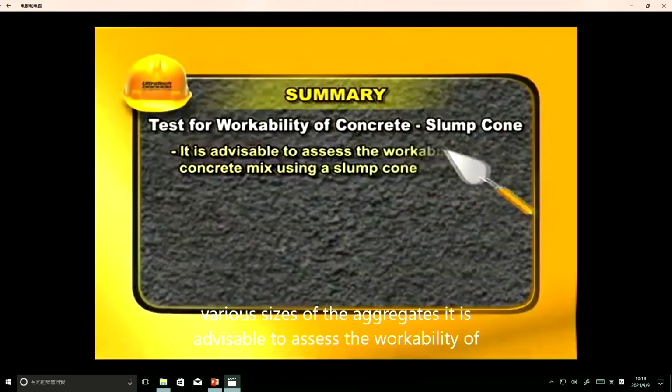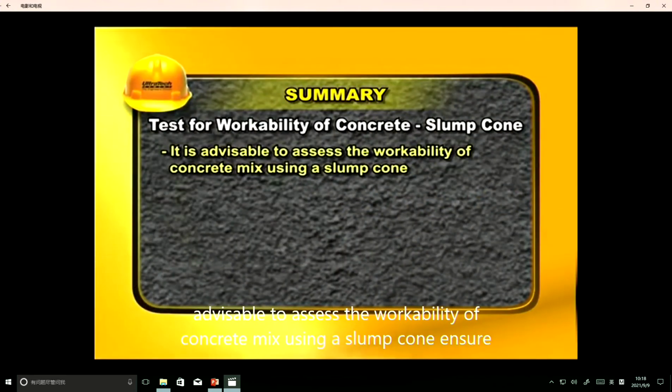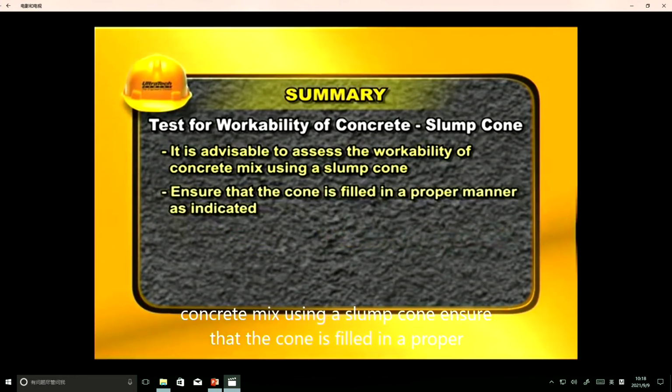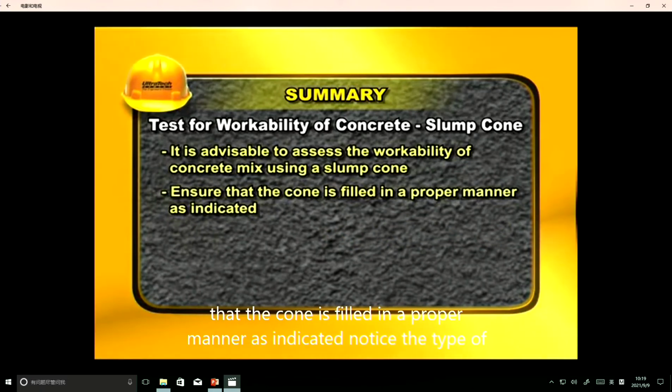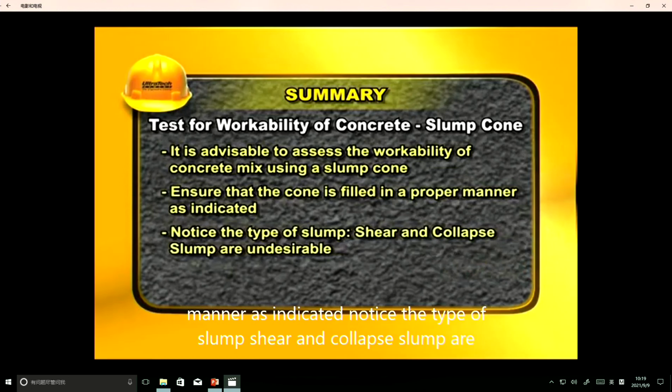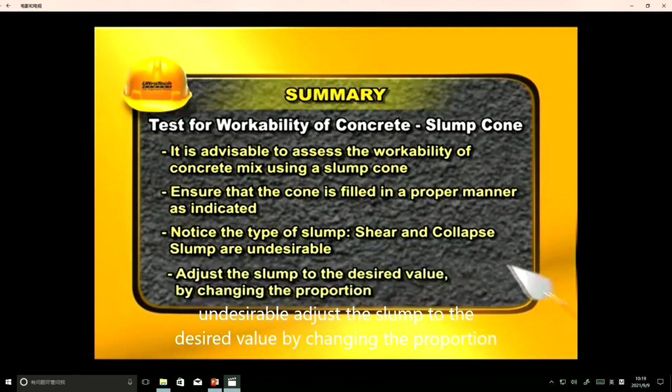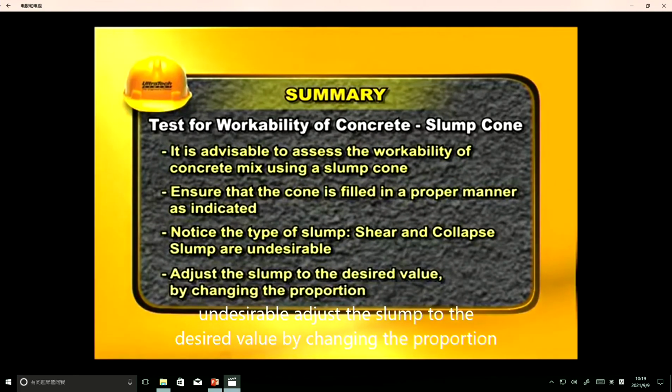It is advisable to assess the workability of concrete mix using a slump cone. Ensure that the cone is filled in a proper manner as indicated. Notice the type of slump. Shear and collapse slump are undesirable. Adjust the slump to the desired value by changing the proportion.